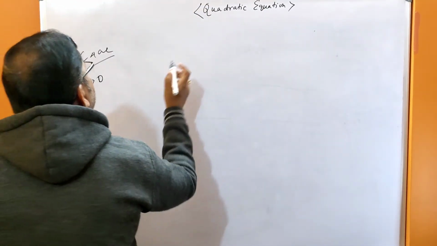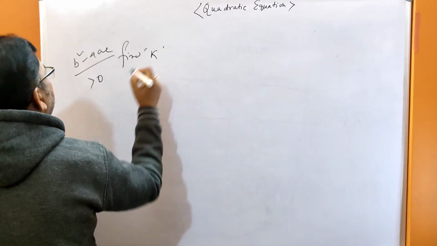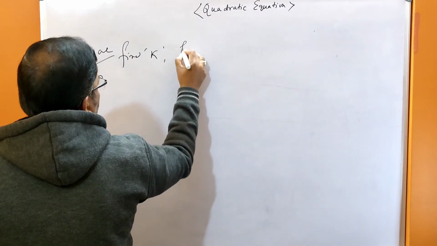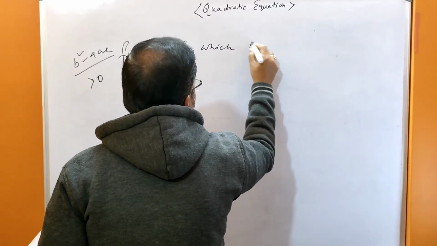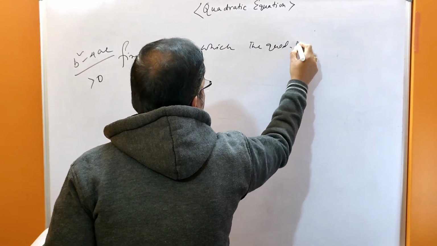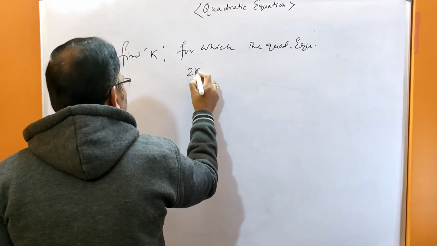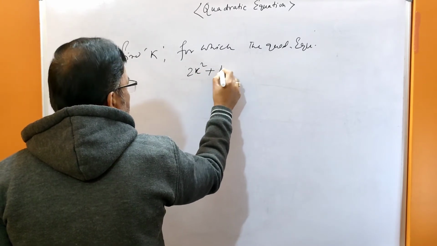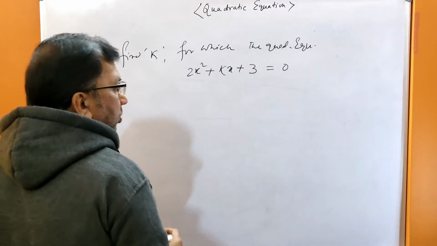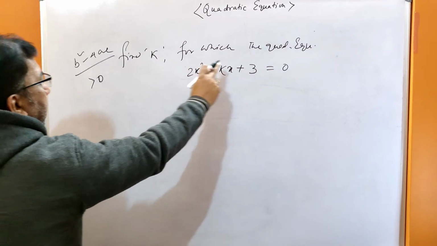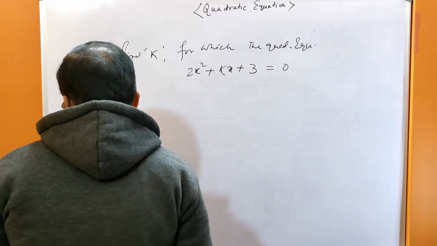Clear? Suppose a question is coming, find k for which the quadratic equation 2x square plus kx plus 3 equals to 0 is given.